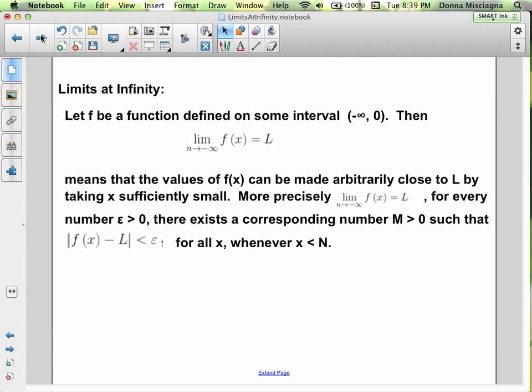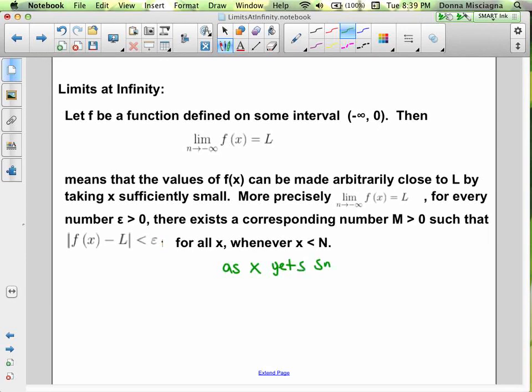All right, let's talk about what this means. Now we're heading to negative infinity, and I'll write it on the other page too. Here's my informal explanation.